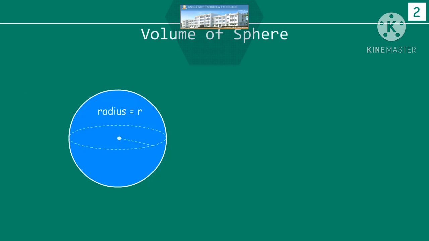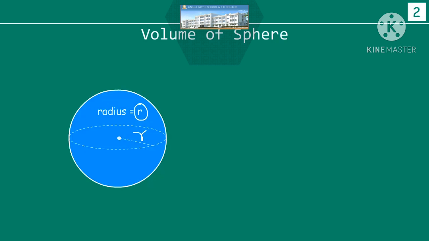Now, volume of a sphere, we know that the only important measure that we really need to know for a sphere is the radius r. So if you take a sphere and if you cut through the sphere, like if you draw a plane that goes right through the middle of the sphere, through the center of the sphere, then on that plane you will get a circle like this, and the radius of this circle is r.